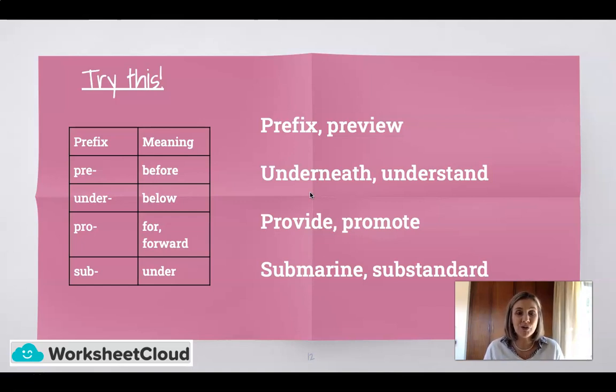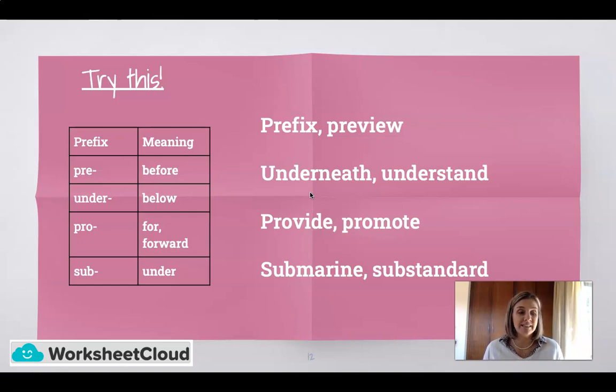Then we look at pro and think of a professional. So pro is for, so you can provide for somebody or something, and to promote something is to be for it. So if I promote eating sushi, I'm for sushi, I can promote it.